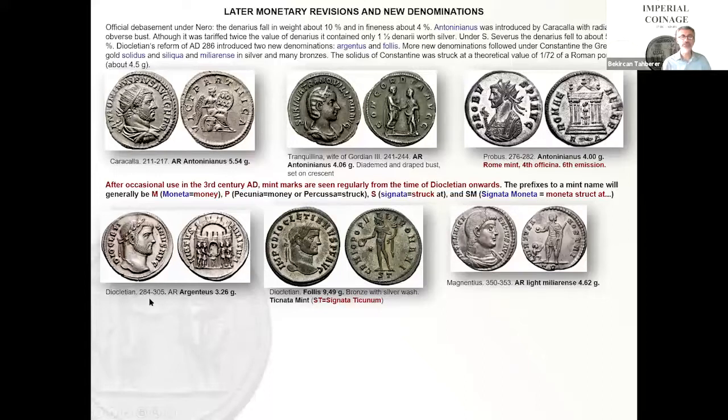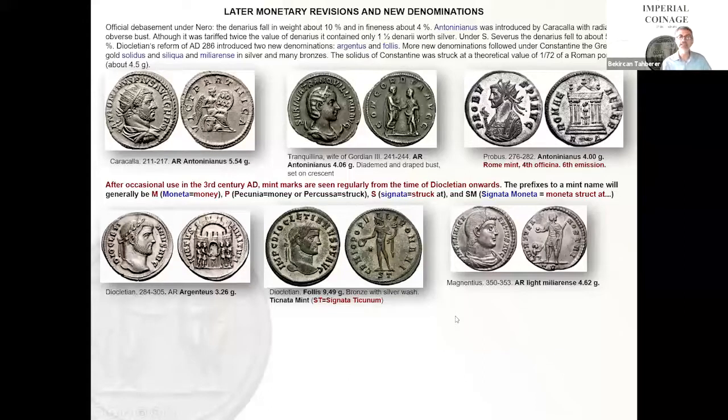During the time of Diocletian, he introduced a new silver coin called the Argenteus, with good metal and good weight. However, it wouldn't last very long. And during that time, actually, he introduced the silver-washed follis. Impressive, but it wouldn't last very long.